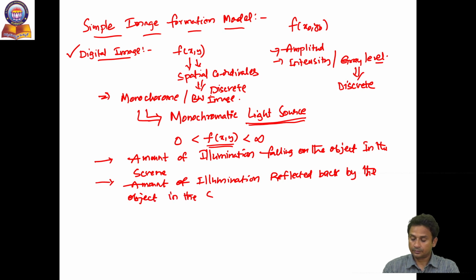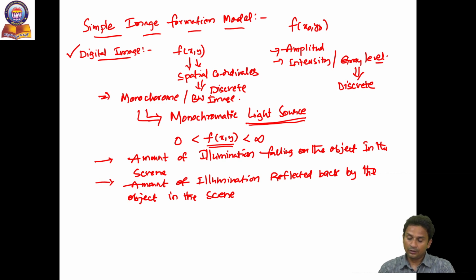So the formation of an image depends on two important factors. First is the amount of illumination that is falling on the object in the scene, and the amount of illumination that is reflected back by the object in the scene.